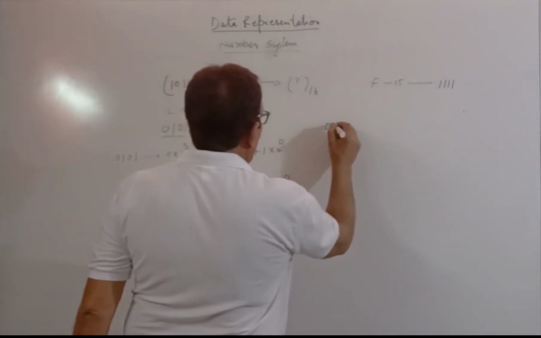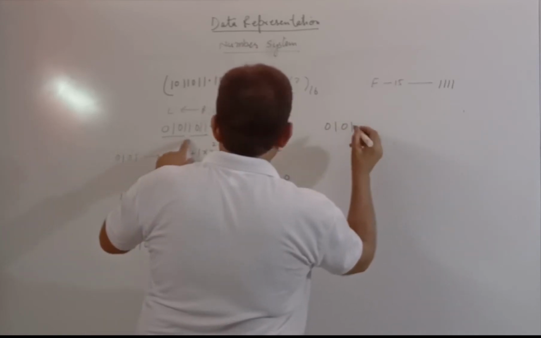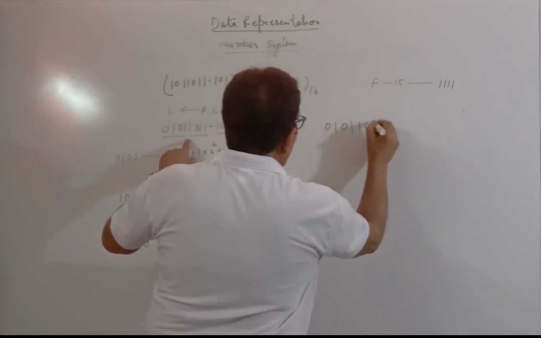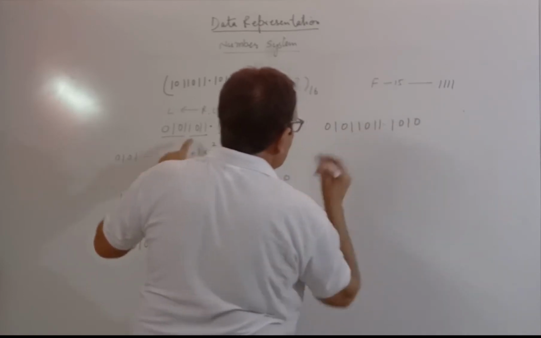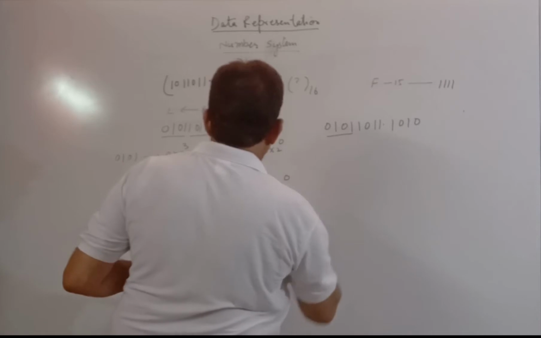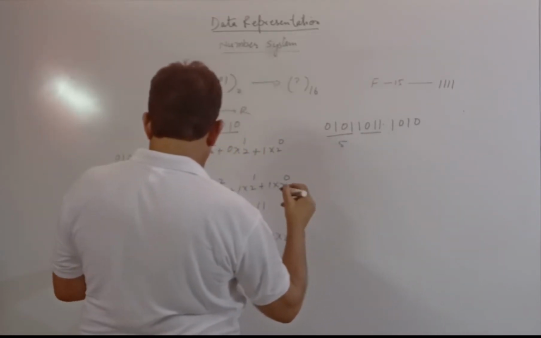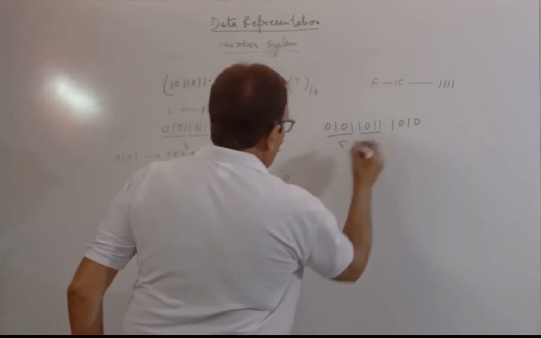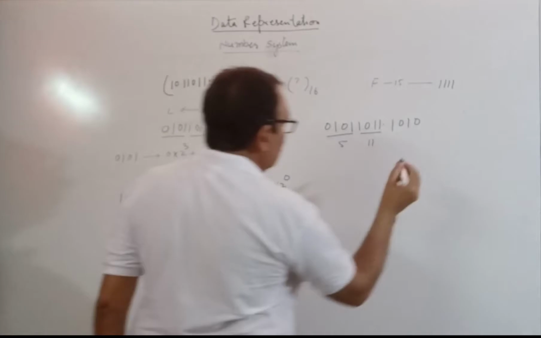0, 1, 0, 1, 1, 0, 1, 1, point 1010. This is equal to 5, and this is equal to 11, and 1010 is equal to 10.